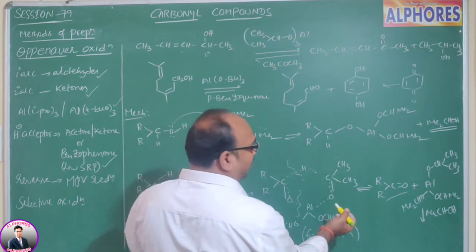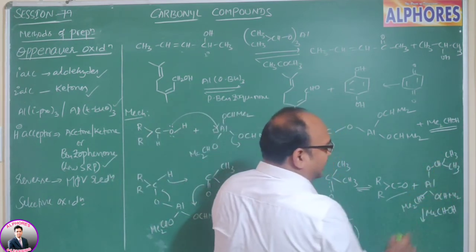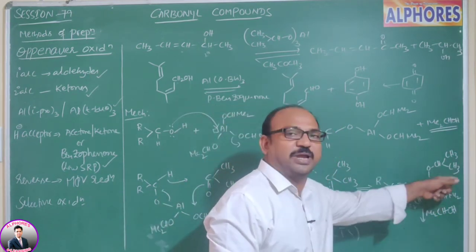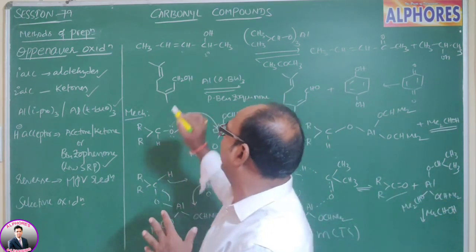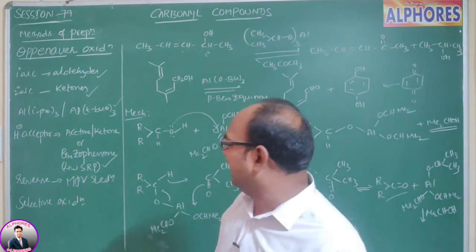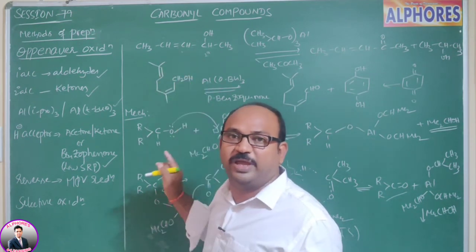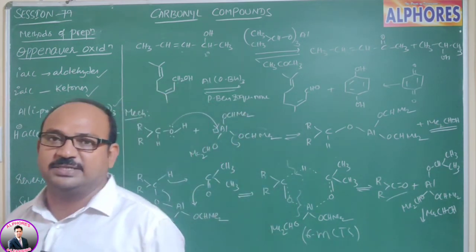If you are using any other alcohol, then that will be displaced by isopropyl alcohol. Overall, the reaction is simply oxidation of the OH group. Is there any possibility to attack this carbon-carbon double bond? There is no way. That's why the unsaturation still remains as such.